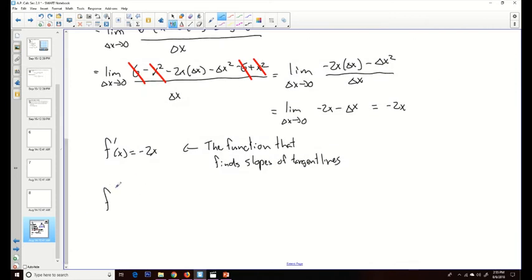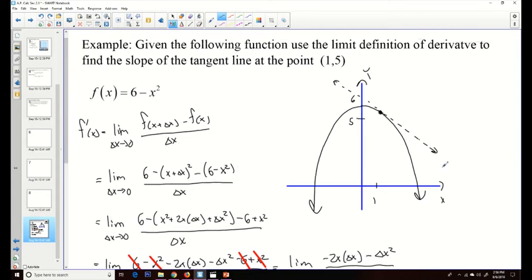So if I go f prime of negative 1, or excuse me, positive 1, I get negative 2 times 1 is negative 2. That is the slope of that tangent line, and even though I didn't draw it to scale, it still seems reasonable because we did draw in a tangent line that has a negative slope.